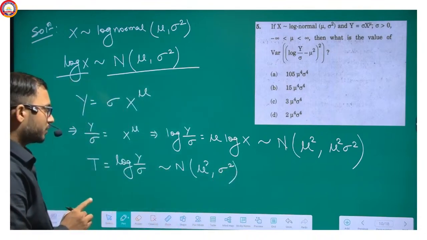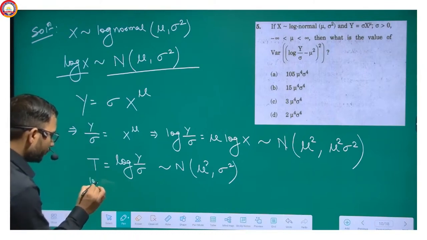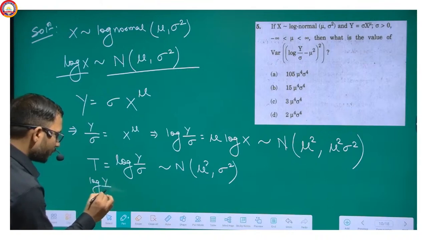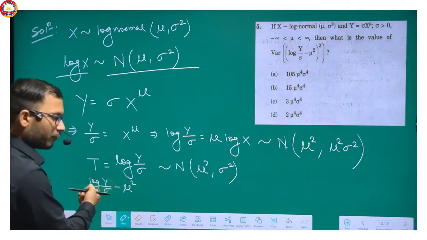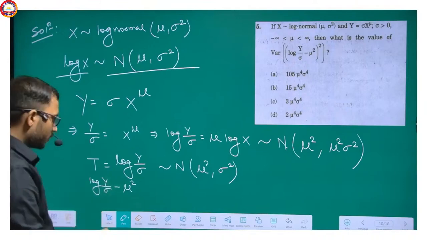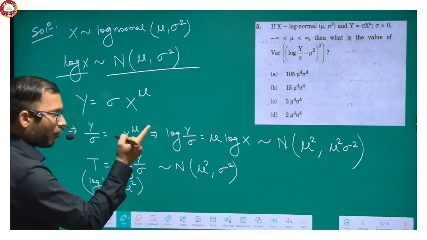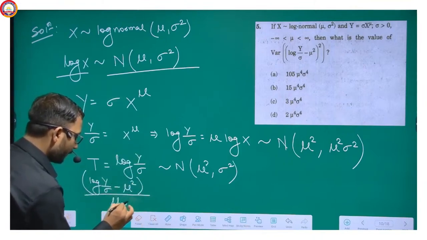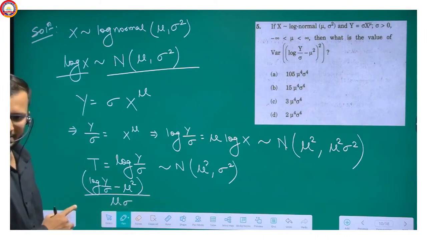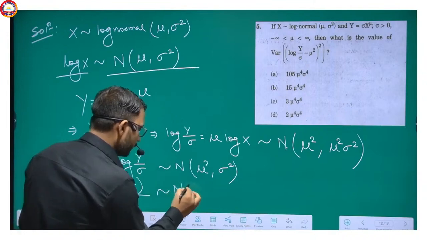And suppose I'm writing here log y upon sigma minus mu square, which is obviously the expectation of log y upon sigma. So this upon mu sigma, if I write it, it will follow normal 0 comma 1.